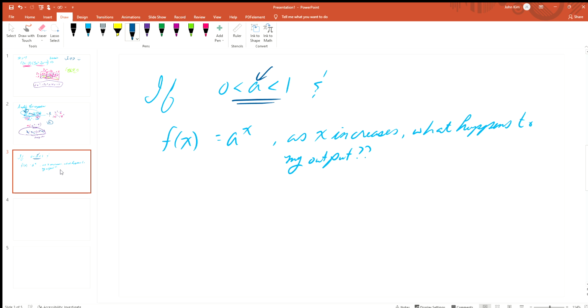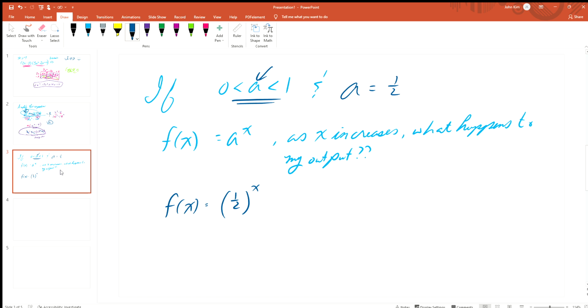Now, I want to put a value for A. I don't care what value you put in, as long as it's between 0 and 1. Most of my students say, think about it, what's a good number to use between 0 and 1? 1/2, right? So the function would look something like this: f of x would equal 1/2 to the x power.